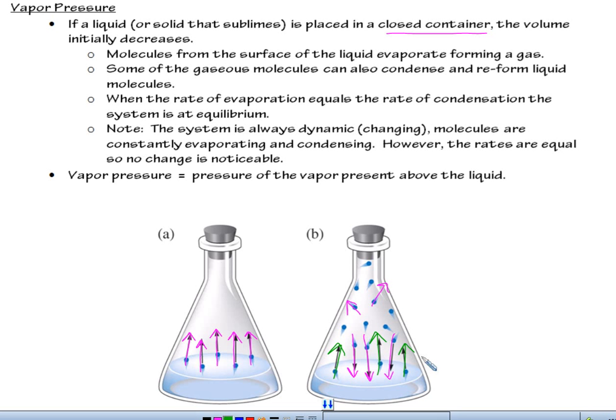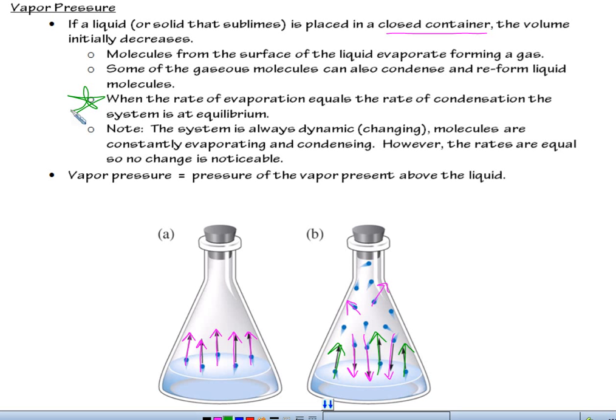Now the pressure formed in the gas phase is called vapor pressure. Oh, cool. It's the pressure of the vapor above the liquid in a closed container, after we've reached something called equilibrium.